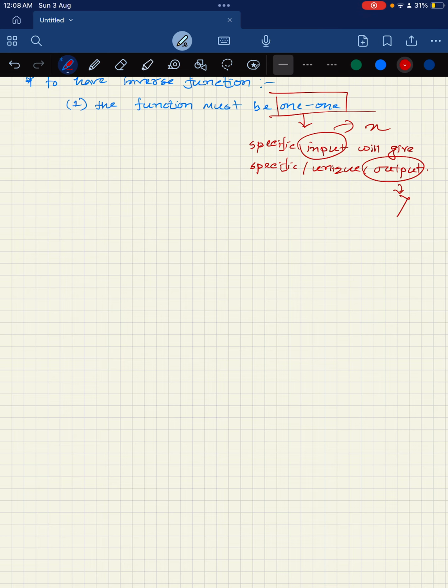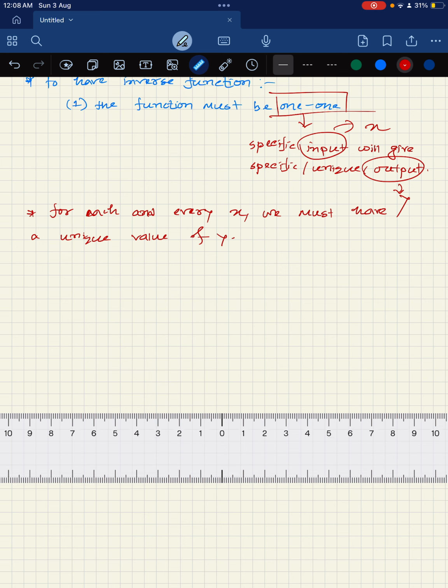So for each and every x, we must have a unique value of y.